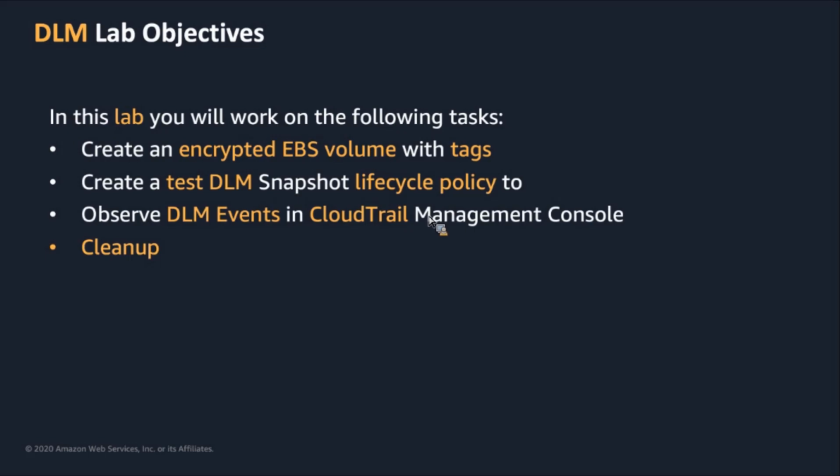And cleanup is more important. Since you will be tagging a volume, one or two, make sure that when you create a DLM policy, this does not interfere with your active production environments. So I highly recommend that you work this lab in a test, non-prod account, please.